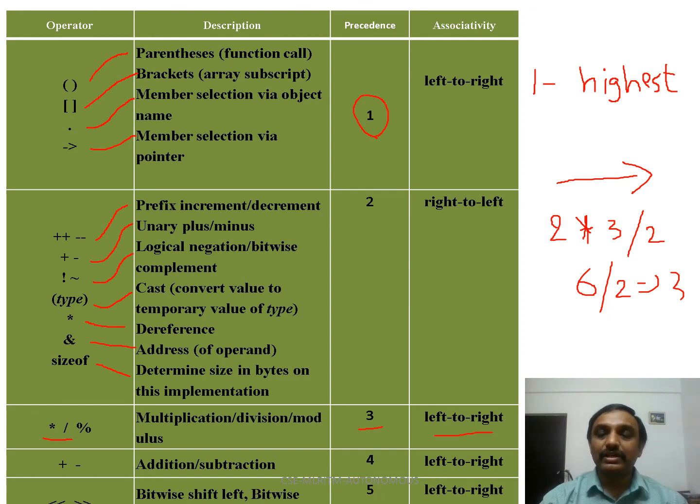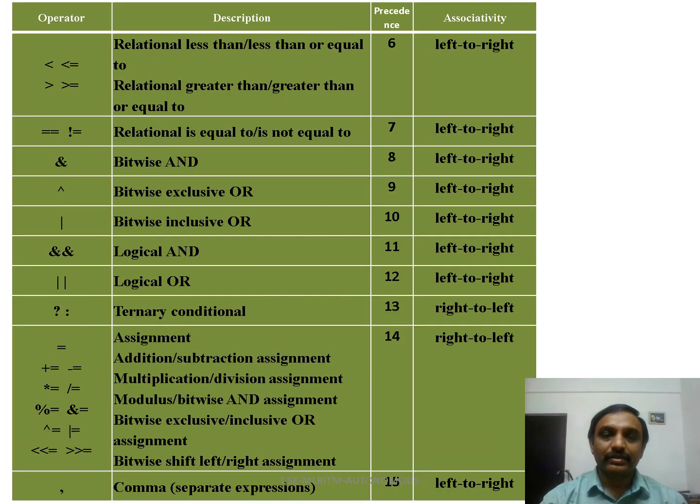So this table continues in the next slide. Now see the next operators, less than equal to, greater than equal to. They have precedence sixth level and their associativity is left to right. Next one is equal to, not equal to, left to right associativity, precedence is 7. Bitwise and, eighth precedence, left to right associativity.